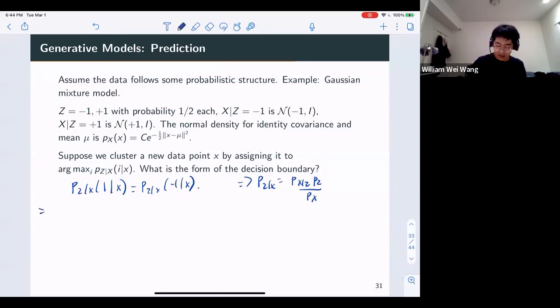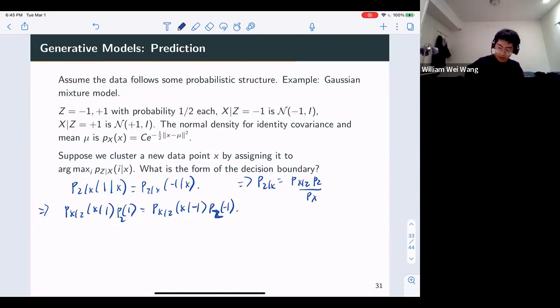So at this decision boundary, probability of x given z equals 1, times the probability that z equals 1, is equal to probability of x given z equals -1, times probability of z equals -1.